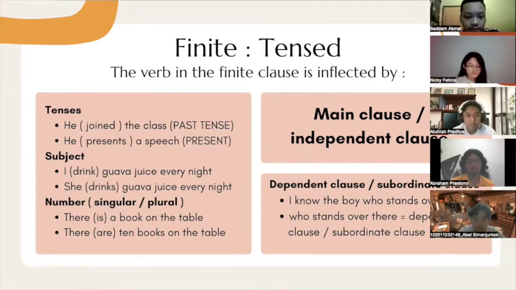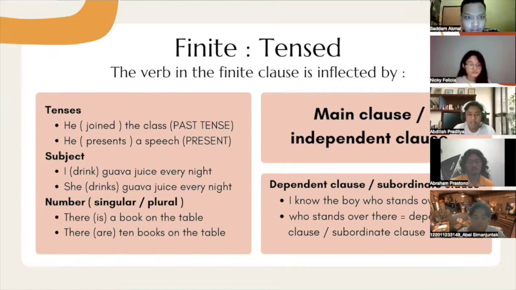The verb will change depending on the tense. If the tense is simple past tense, the verb is always in the form of verb two. Then the present tense will also change, namely adding s or es. And the verb in a finite clause can be influenced by the subject.